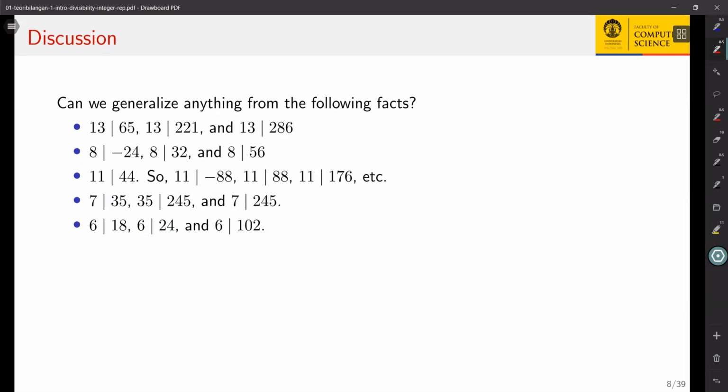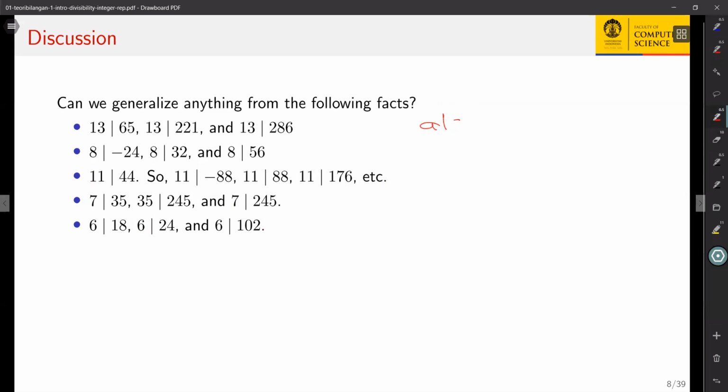So what do we get here? Why does this hold? Can anyone see the pattern here? For example, if A divides B, and also, sorry, let me use C instead.